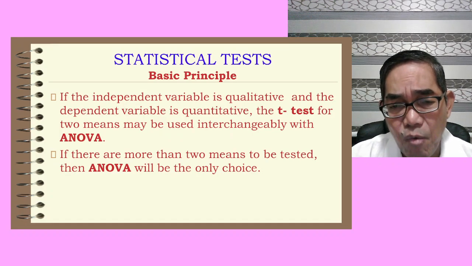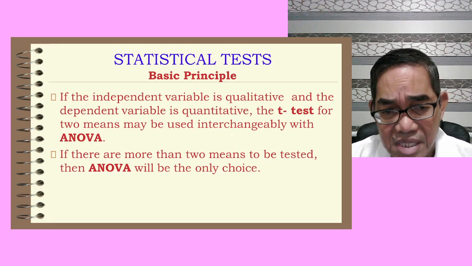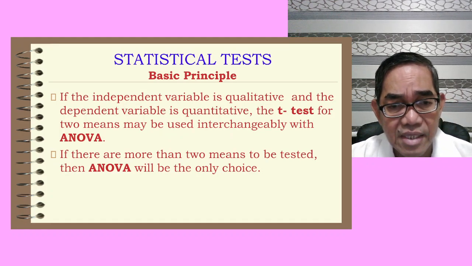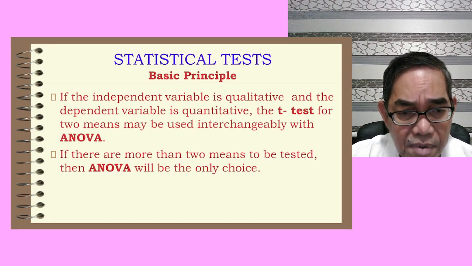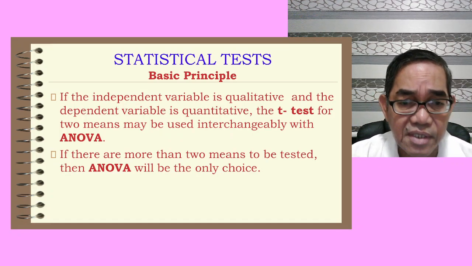But some people don't want to use ANOVA. They just want to use t-test. That's all right. So we can use t-test. Now, if there are more than two means to be tested, then t-test can no longer be used. The only statistical test to use is ANOVA.